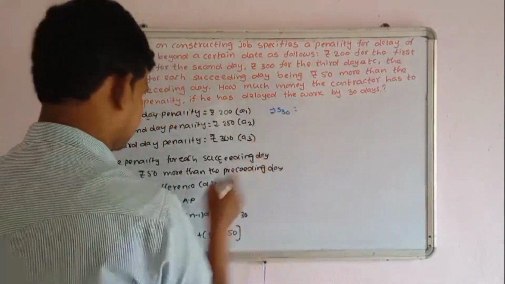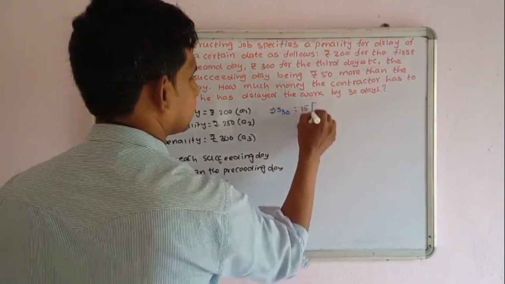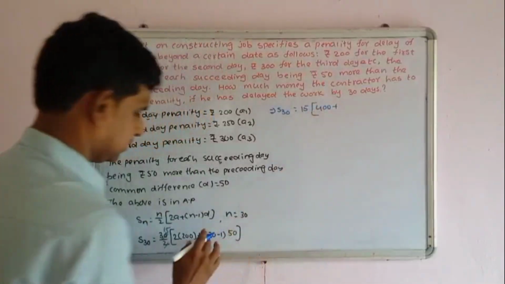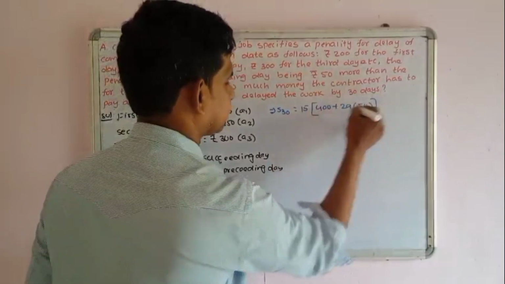S30 equals 30 by 2, that is 15 times 2a, 2 times 200, 400, plus 30 minus 1 is 29 into 50.